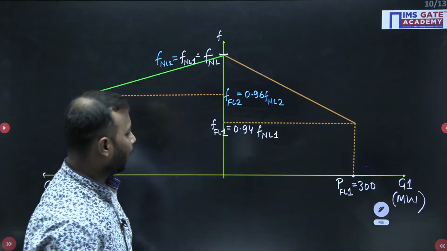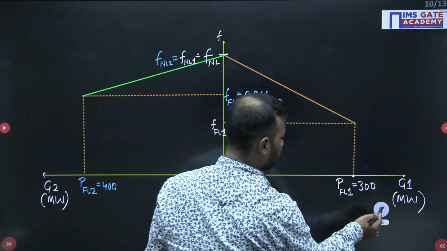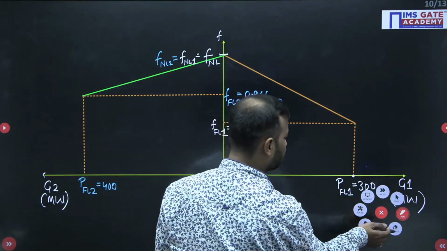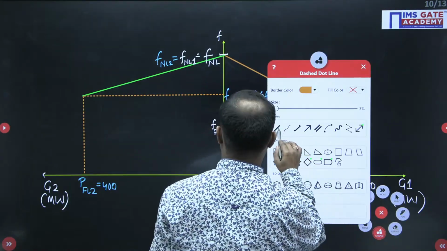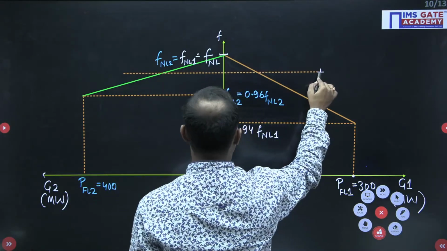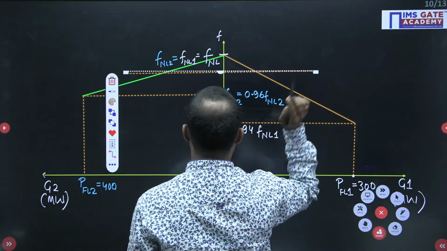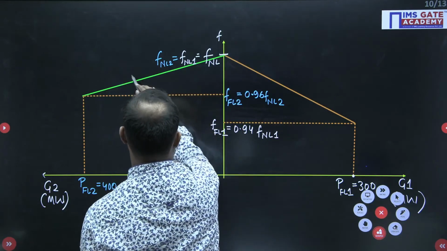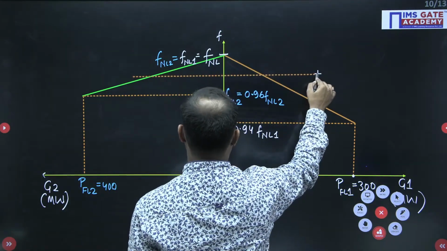So I need to calculate this P2 value. This generator is going to supply the load at this same frequency, because if not, then parallel operation will not happen. Let me make it more straight.